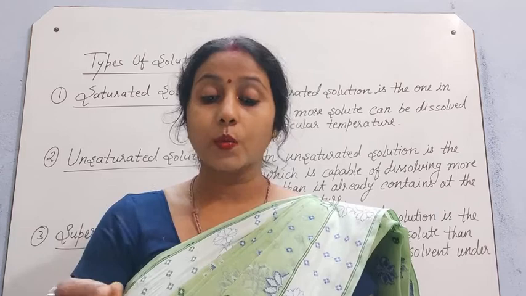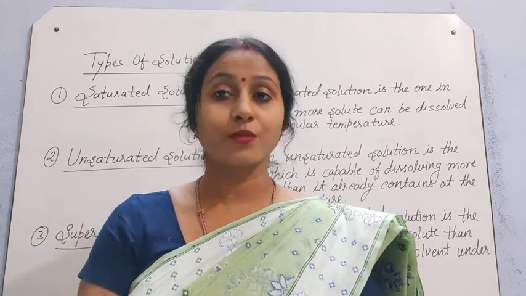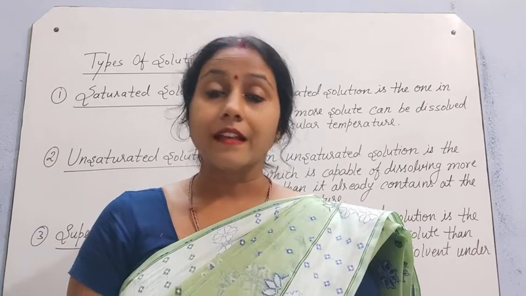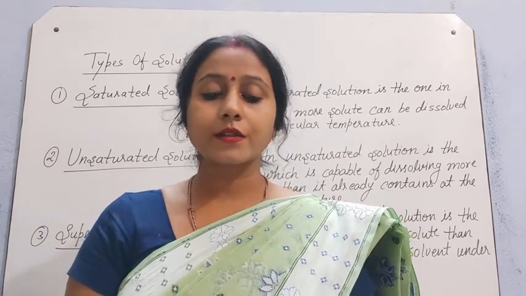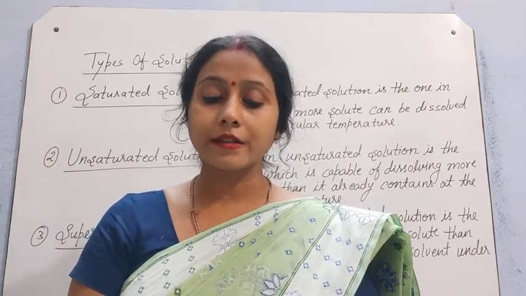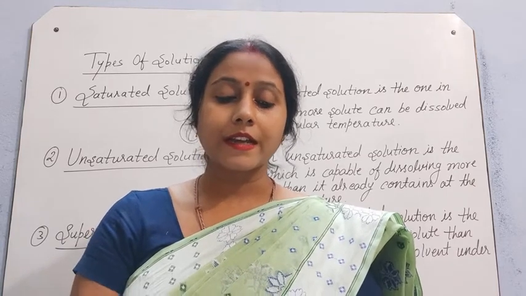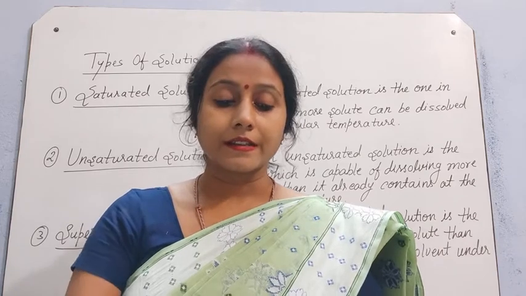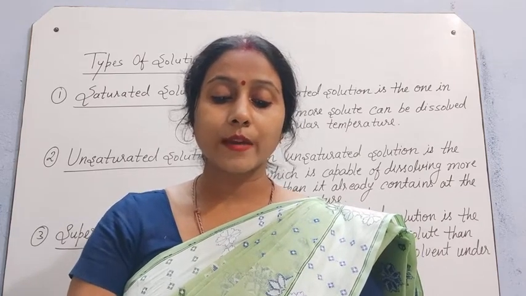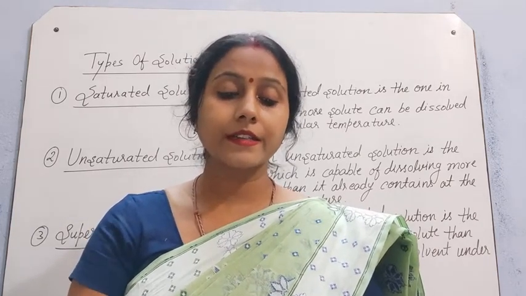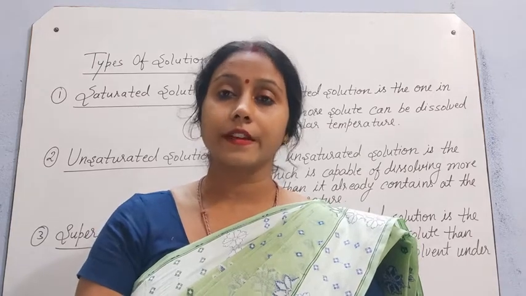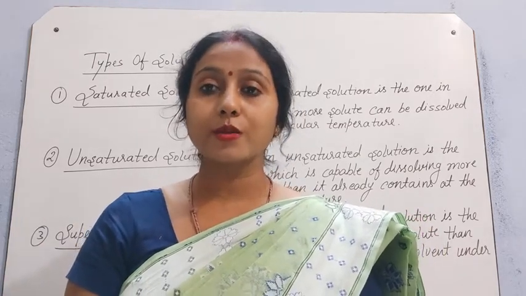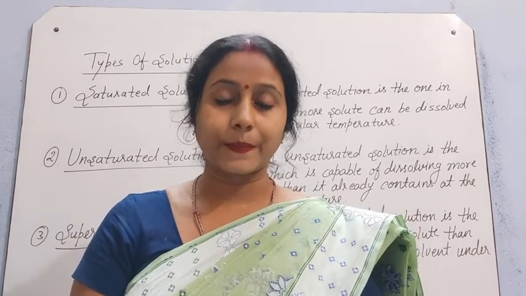Options are wells, rain, water pipe. So water pipe is not a source of water. Third, water is known as the universal solvent because it can dissolve many salts in it. Second option, it is used for many purposes. Third option, it is present everywhere. So the answer is the first one, it can dissolve many salts in it.